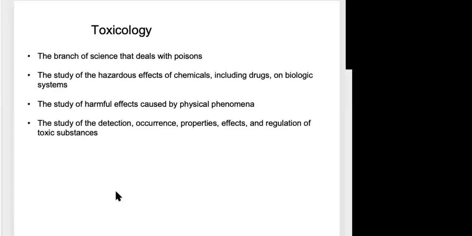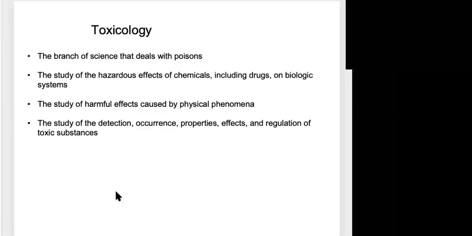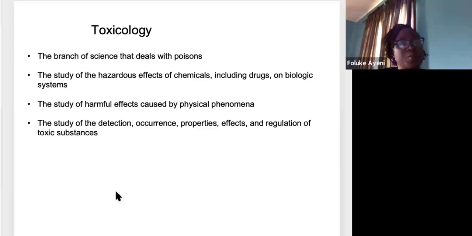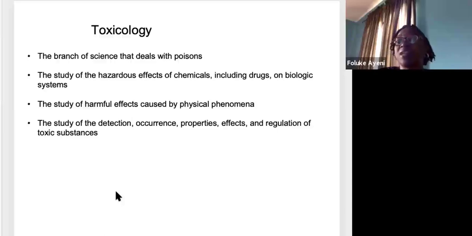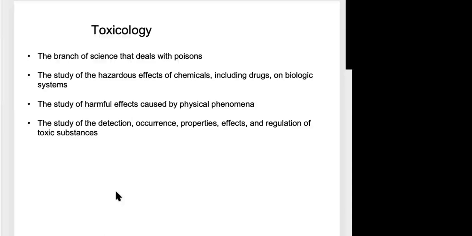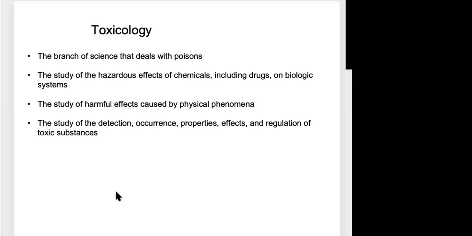Toxicology can also be defined as the study of the hazardous effects of chemicals on biological systems, not only on human beings, it could be on animals, plants, or other cellular organisms. Every one of these organisms is susceptible to hazardous effects when exposed to toxic chemicals.